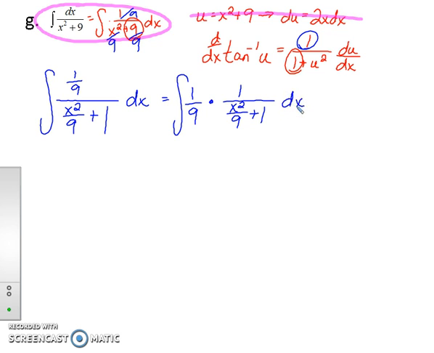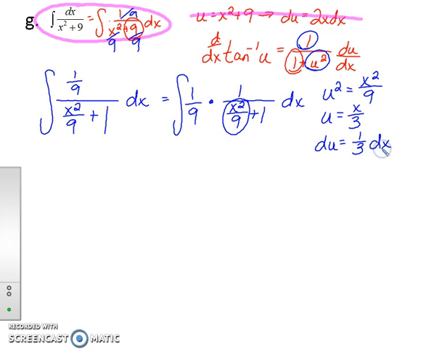Now this is something I can work with, because if you go back and you look at this right here is u squared. So this right here, u squared is x squared over 9. So what does that make u? Well, u would then be the square root of that, so u would be x over 3. So then du would be the derivative of that, so it would be 1/3 dx, or 3 du is equal to dx.